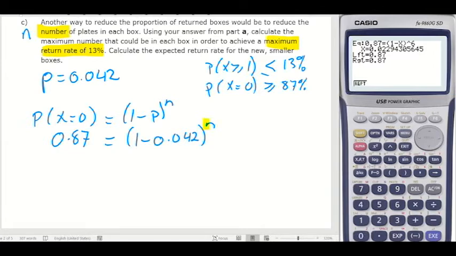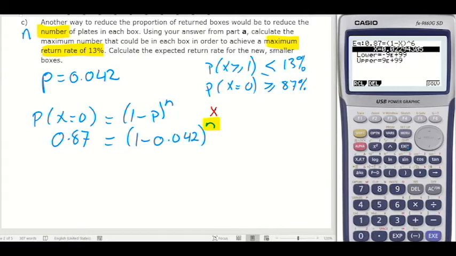So I'm going to enter in my calculator that as the x variable, and I'm going to jump across and clear that. So I go to my delete and F1, yes, delete that. So now I can type in 0.87 equals bracket 1 minus 0.042 to the power of x. And I'm going to say go off and solve that, and it now gives me an answer here.